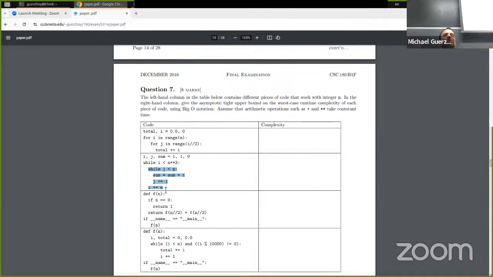Is that good with everyone? Why would you say it runs n squared? Well, because we start with i equals 1, and we go up to n cubed in steps of n.